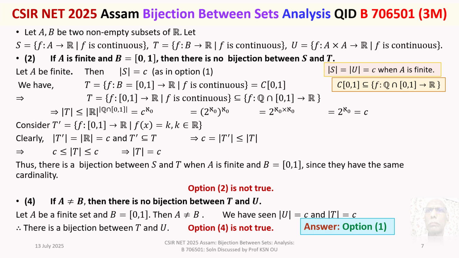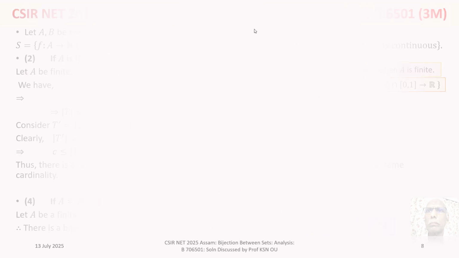If you know it, if you want to quit, you can quit here itself. So, we will now go to the next slide for the proof of C[0,1] is contained in the set of all F from Q intersection [0,1] to R. This is the result.